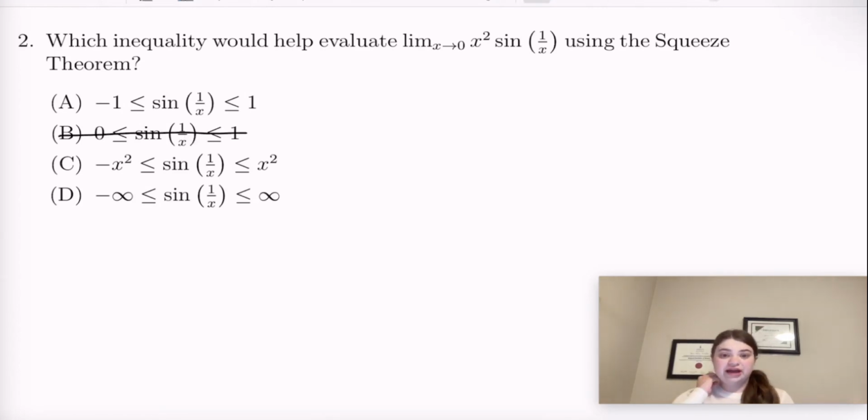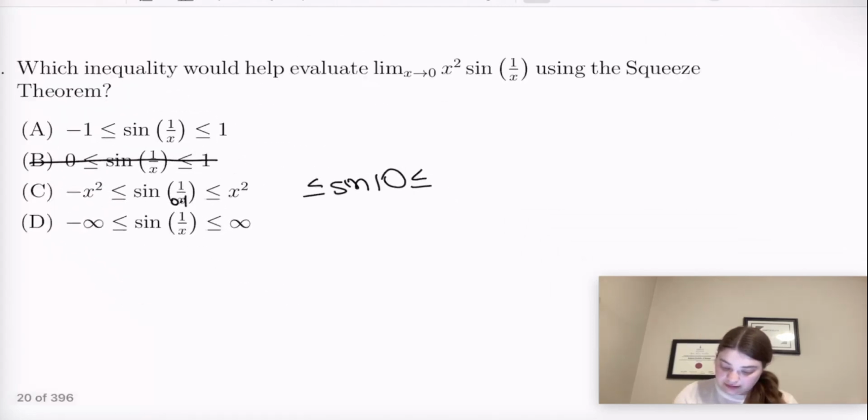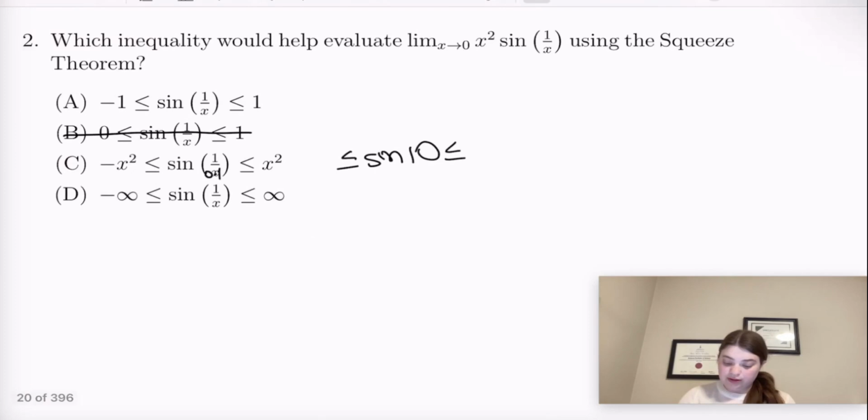The third option actually has the same problem because imagine if I put in something like 0.1, for example, for x. If I put in 0.1 here, that would give me sine 10 is between 0.1 squared and the negative version of 0.1 squared. So that would put it between 0.01 and negative 0.01.